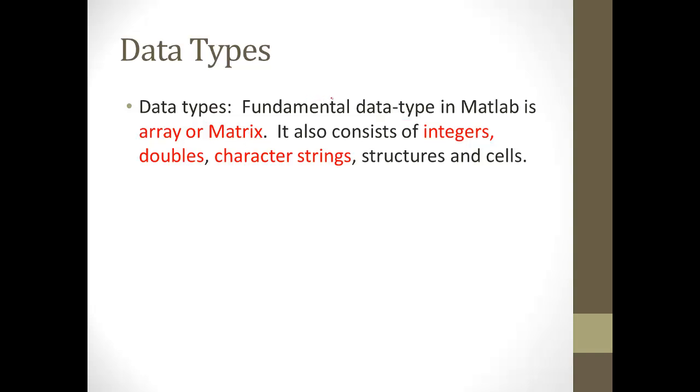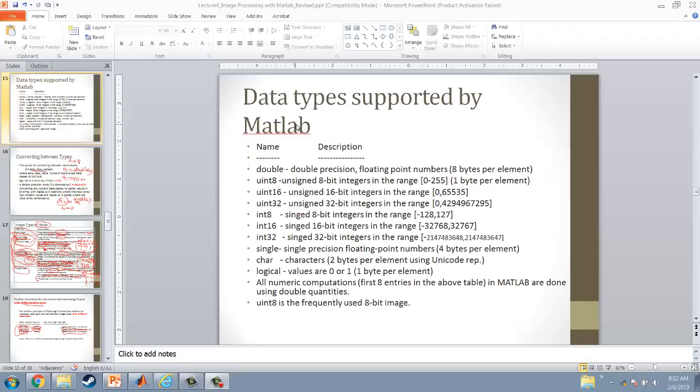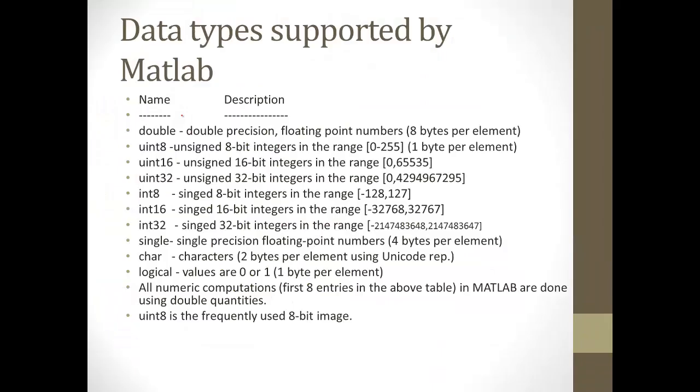Besides the fundamental data types, we also have integers, doubles, character strings, structures, and cells. For image processing, we're more interested in the integers and doubles. The data types supported by MATLAB are classified as follows. We have a bunch of these kinds of data types.